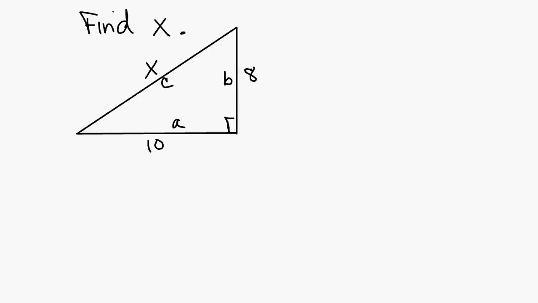So then you can write your theorem, which is A squared plus B squared equals C squared. And then take the values and substitute them back into the theorem. So A is representing the side that's 10, so 10 squared plus 8 squared equals x squared.